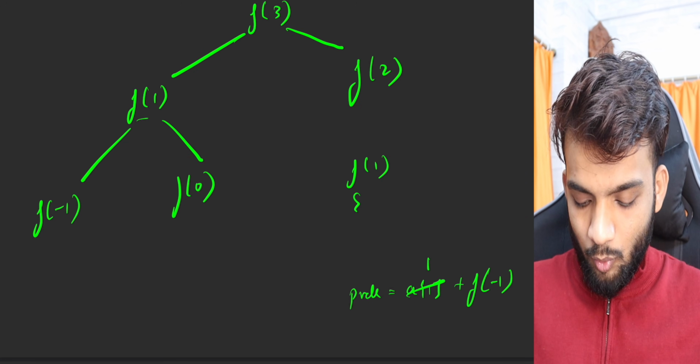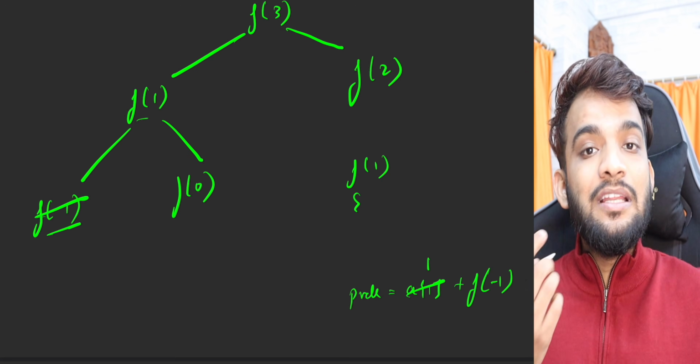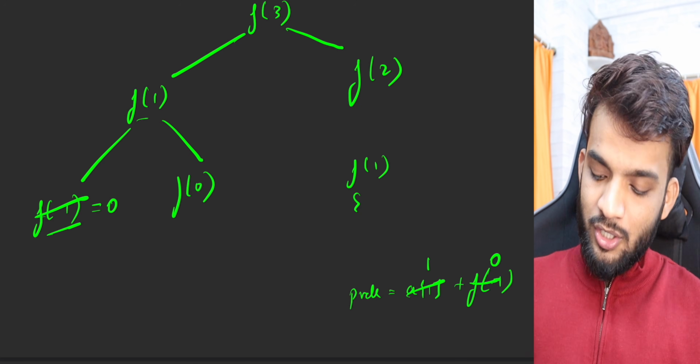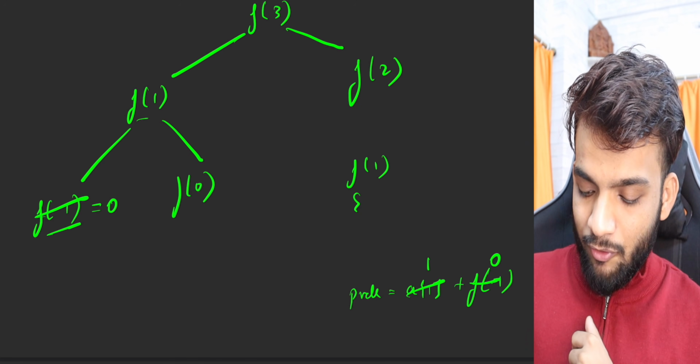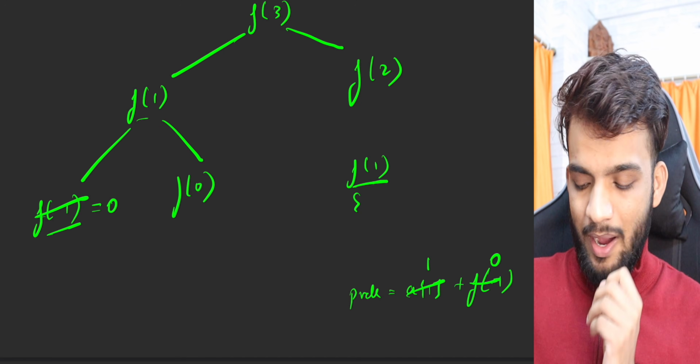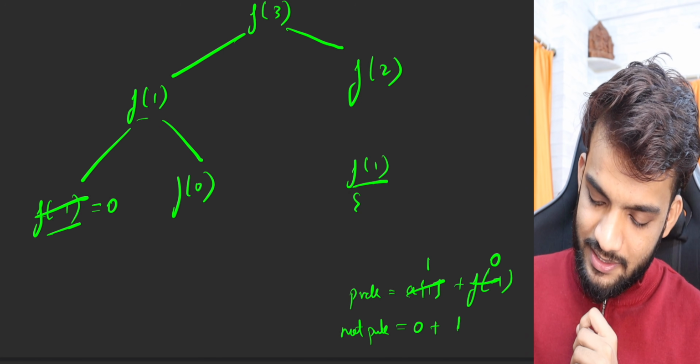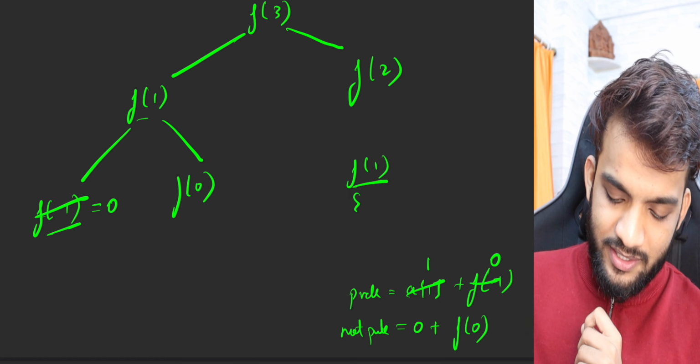Now, if you remember, what does f of minus 1 signify? It signifies 0. So for f of 1, if you pick up, it will be 1. And if I decide to not pick up, it will be 0 plus f of 0. What is f of 0?